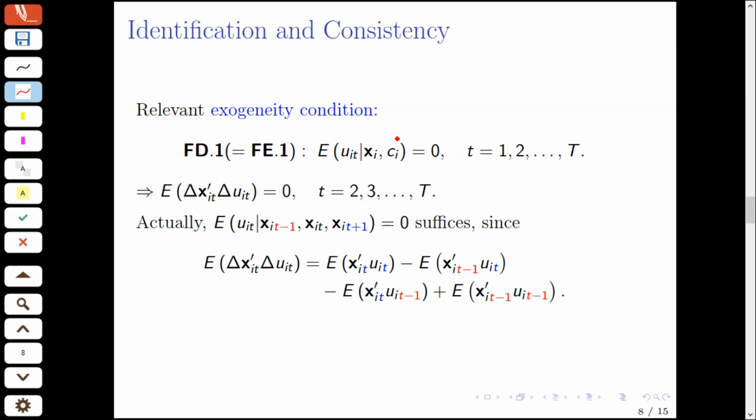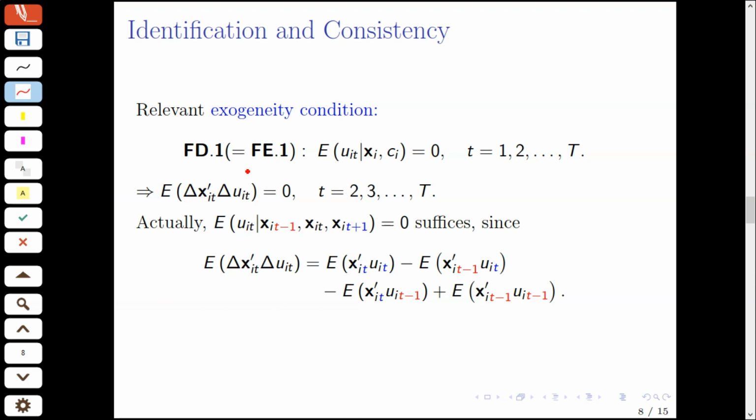Now, from this assumption of strict exogeneity of the regressors, one may show that the assumption analogous to our OLS1 type of assumption holds for the first difference variables.